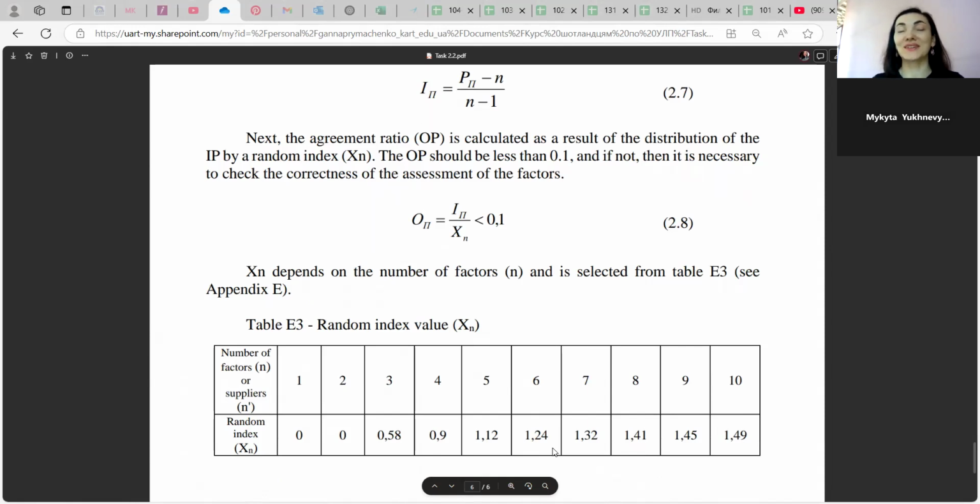But I note that we do not always have such a result, because during our calculation in this table we leave only 2 points after the comma. If we calculate it, for example, in Excel or in other programs and leave all points after the comma, maybe the result will be more accurate, and we could find this check in the end.